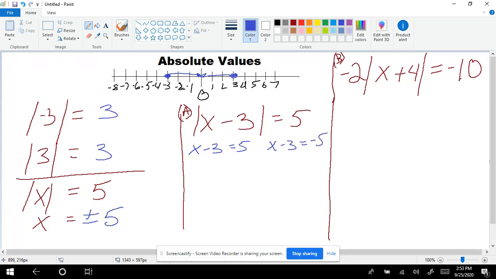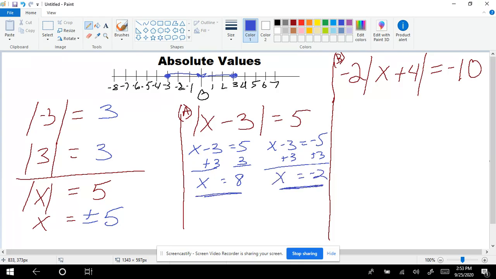We solve both, and both values of x will be answers. We'll check at the end. In both equations we add 3 to both sides. We get x equals 8 and x equals -2.